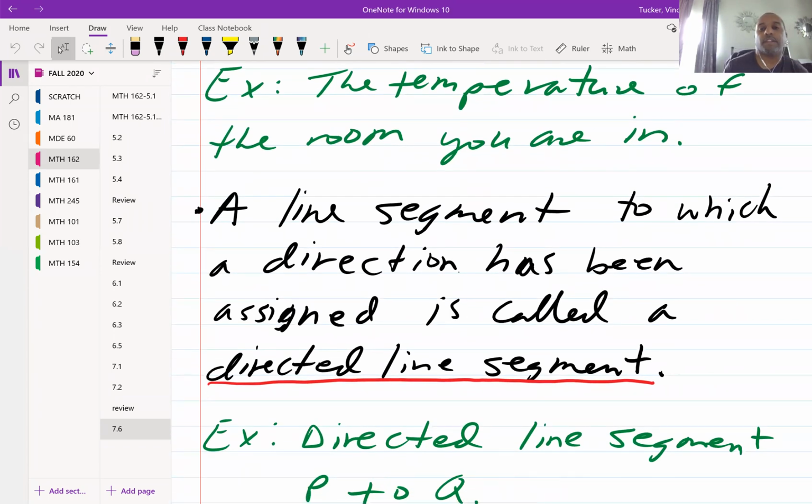A line segment to which a direction has been assigned is called a directed line segment.